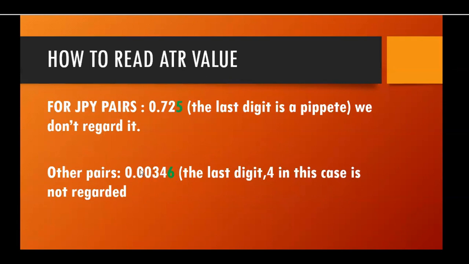The last digit is also a pipette and we disregard it. So the value of this ATR is 34 pips.